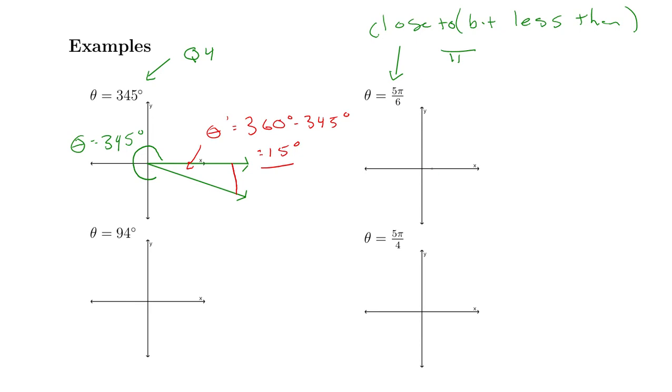So that means it's a little bit less than, let me do this a bit better. There we go. This line here, so it's going to be somewhere in our second quadrant. So this angle here is 5 pi over 6.